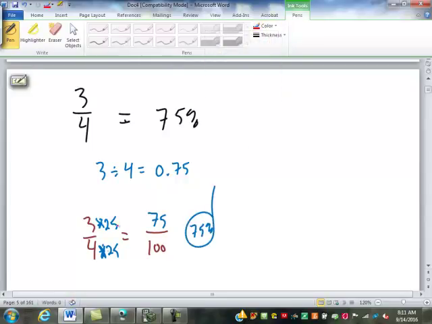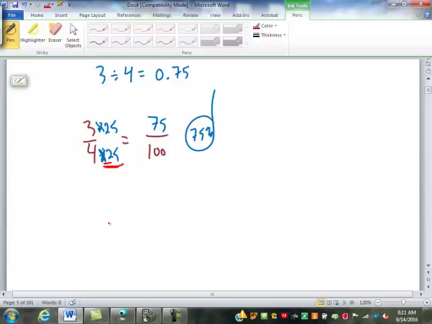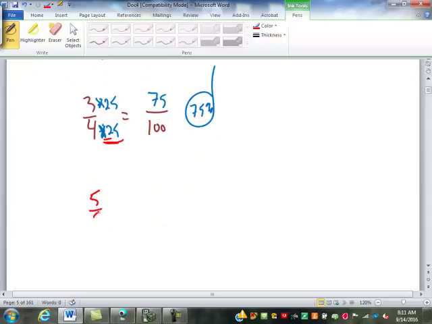But again, sometimes figuring out what you multiply the 4 by to get 100 isn't that easy. You know, 4 is a simple one. But what if it was like 5/8? And I want to change that into a percent, so out of 100. Well, figuring out what you're going to multiply 8 by is not simple. If you did 100 divided by 8, you get 12.5.